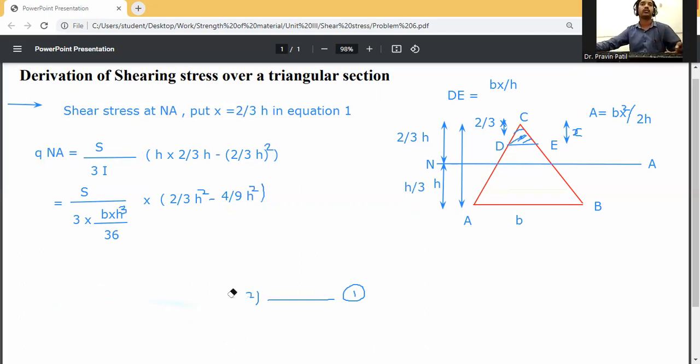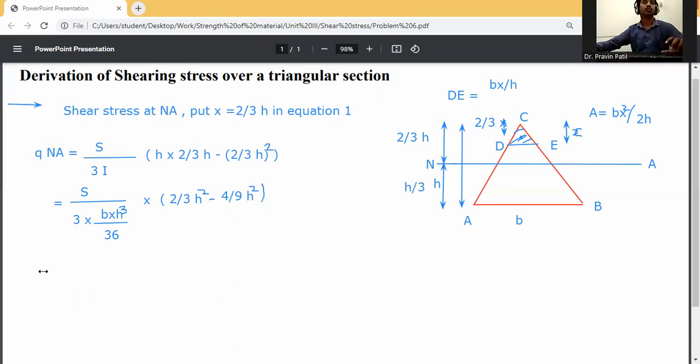Okay. So now 2/3 minus 4 by 9, how much will it be? 2 by 3 minus 4 by 9 is 2 by 9 h square.